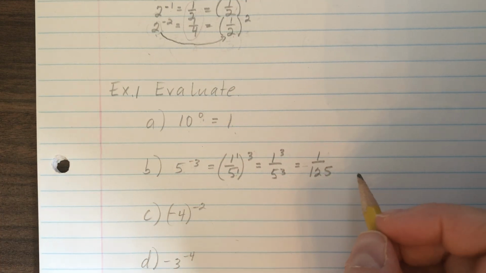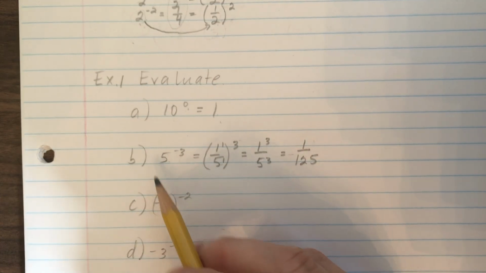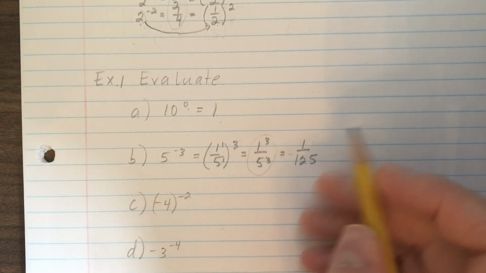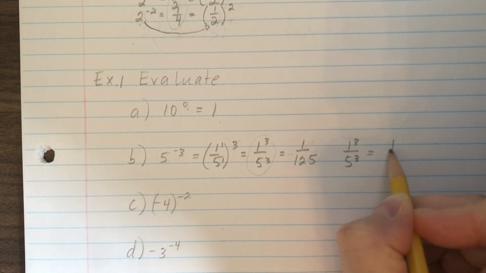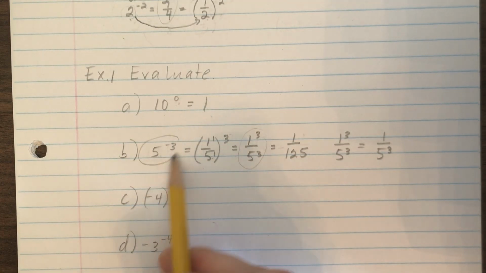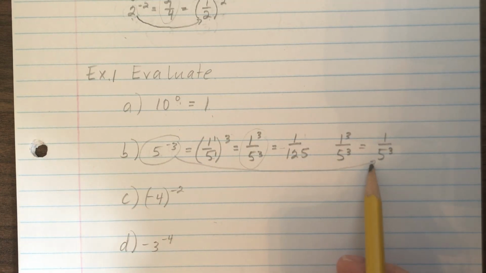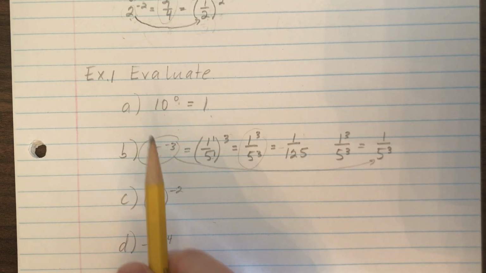Now, some students, after they do a lot of these questions, notice that 1 cubed over 5 cubed is 1/5 cubed. And so when they compare the power with the negative exponent to this, they just notice that rewriting using positive exponents can be done by simply taking the reciprocal of the entire power.